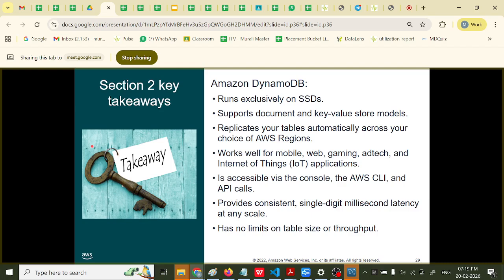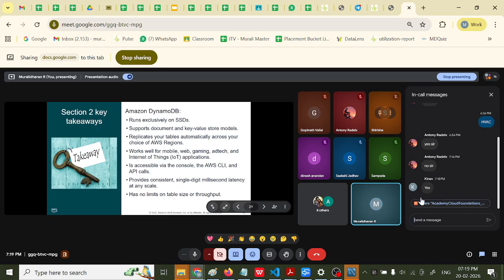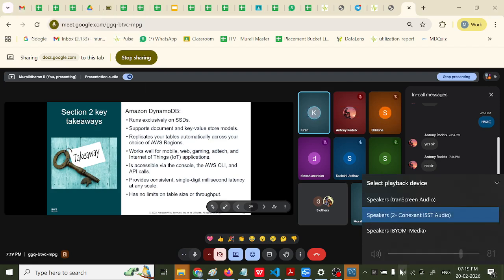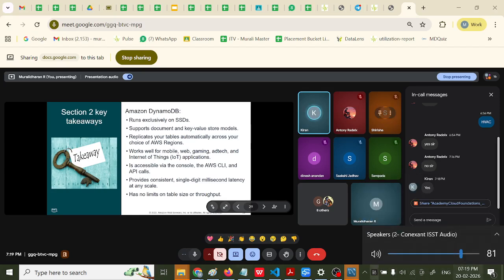Next, DynamoDB. Kiran, can you read it? Amazon DynamoDB runs exclusively on SSD, supports document and key value store models, replicates your table automatically across your choice of AWS regions, works well for mobile, web, gaming, ad tech, and Internet of Things applications.